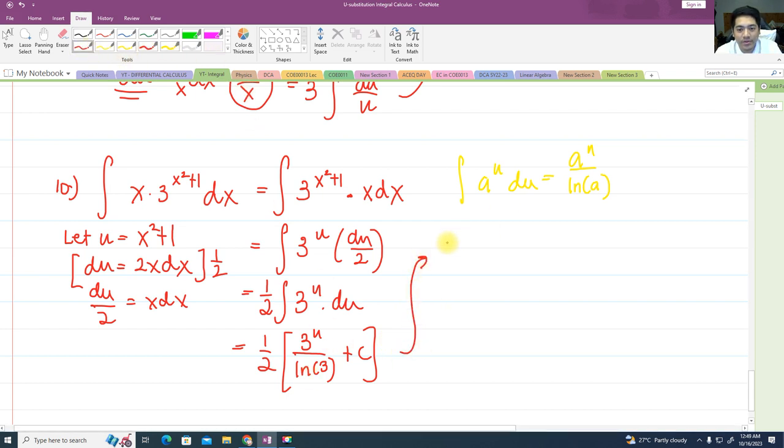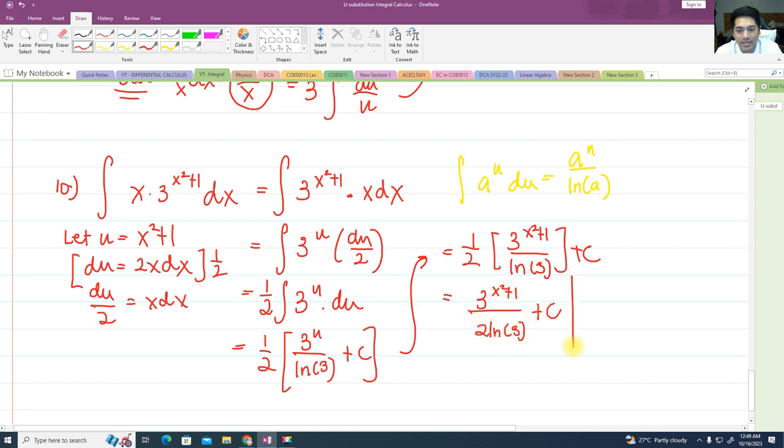So if we go back to its original variable, that would be 1/2 multiplied by 3 raised to u, which is x squared plus 1, all over ln of 3, plus c. Or in other words, that's 3 raised to x squared plus 1 all over 2 ln of 3 plus c. So that will be our answer. It's still the same as this one. So these are the same.